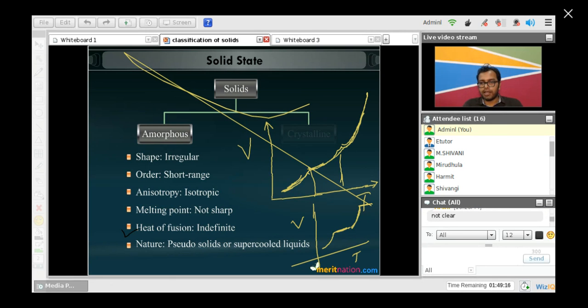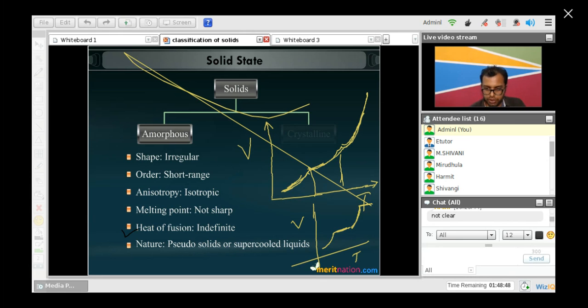Now, let's say you are taking two different samples of 1 gram of amorphous solid, right? So a 1 gram sample of amorphous solid does not necessarily take an equal amount of heat to convert from solid state to liquid state. So this is the meaning of indefinite heat of fusion. Now is it clear? Ash, is it clear?